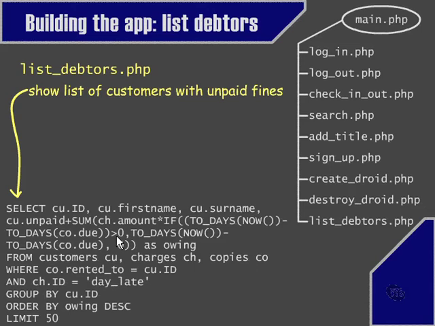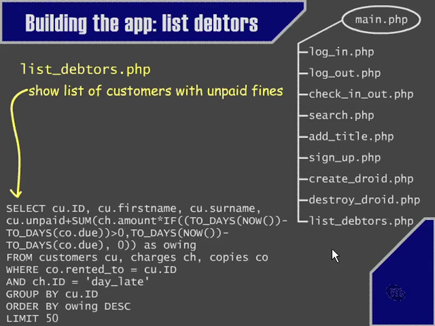So in other words, if it's overdue, then multiply the amount by the number of days by which it is overdue. Otherwise, multiply by 0. The reason why we're including this particular if function is that if the video is not overdue, if it's not going to be due for another 2 days, the last thing we want is for the amount of the overdue video to be multiplied by -2, effectively giving the customer credit simply for returning a video early.